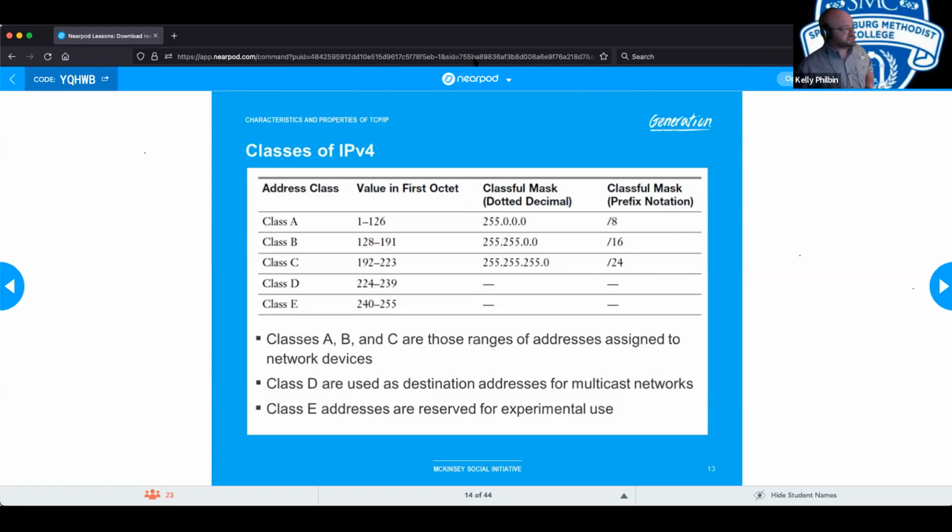How we would typically see it would be right here: 255.0.0.0, or on the back of an IP address, which is just shorthand, you would see a /8. So that is a shorthand way of noting what the subnet mask is for us to be able to see it. And they do let you input it this way if you wish. At least Microsoft does that for sure.